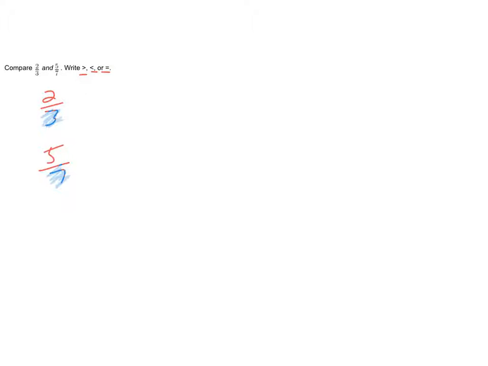So I multiply both fractions, top and bottom, by whatever would make our denominator 21. On the top one, it would be 7. On the bottom, it would be 3. So 2 times 7 is 14. 3 times 7 is 21. 5 times 3 is 15. 7 times 3 is 21.